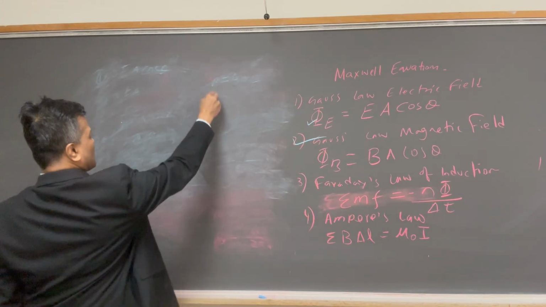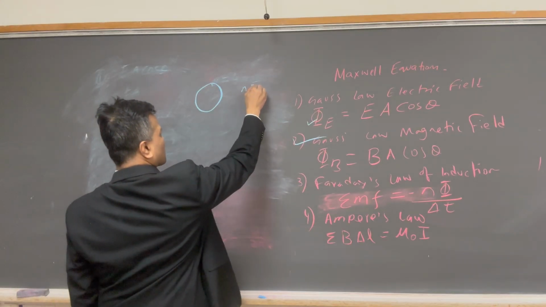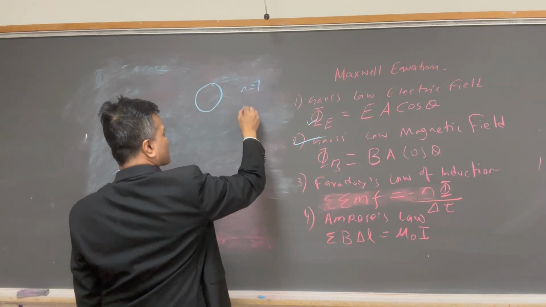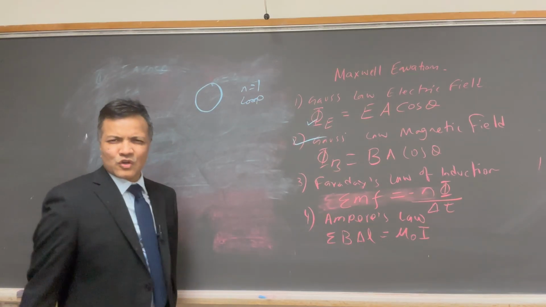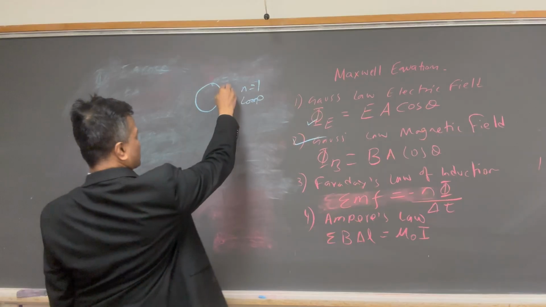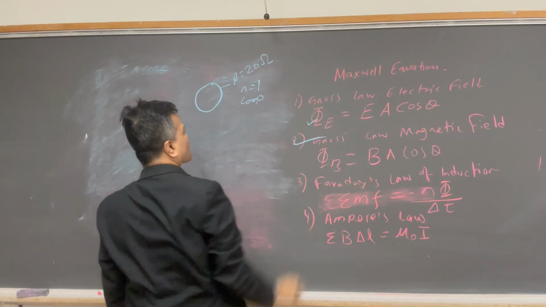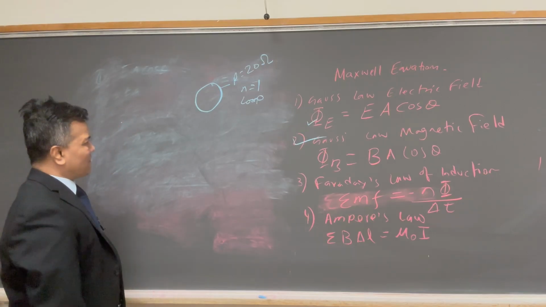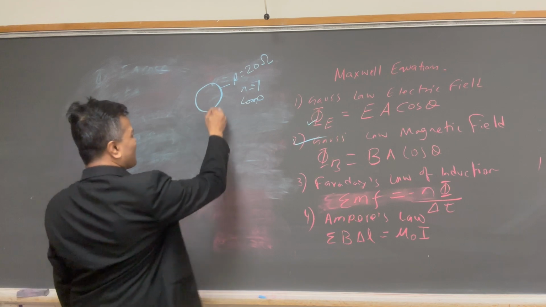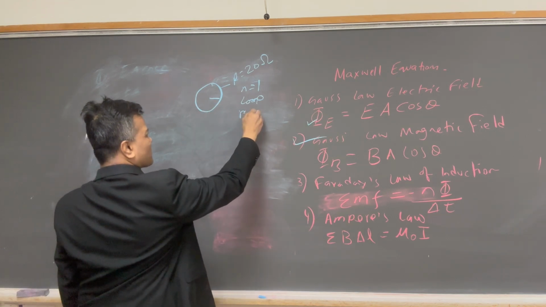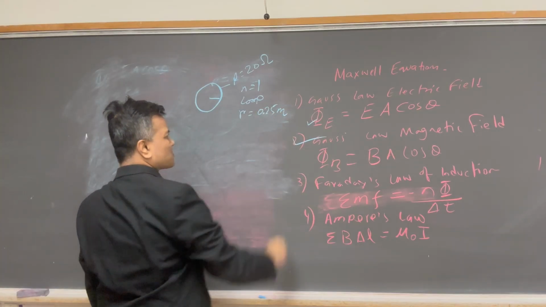Let's consider a loop. One loop is created by a wire. So wire has a resistance of 20 ohms. Loop means circle. It has a radius. So loop radius is 0.25 meter, 25 centimeters.